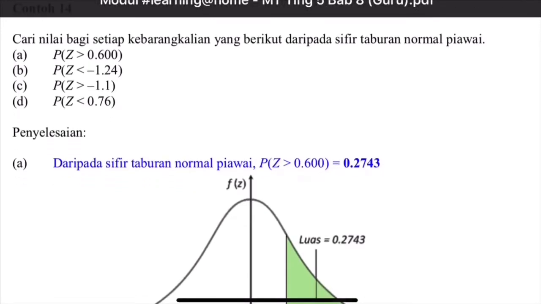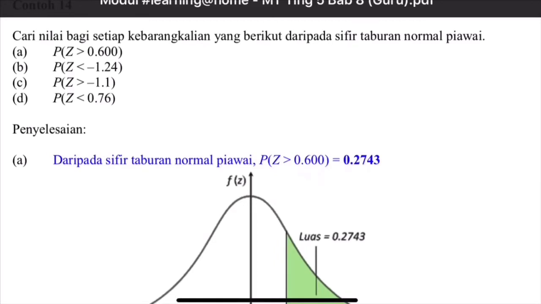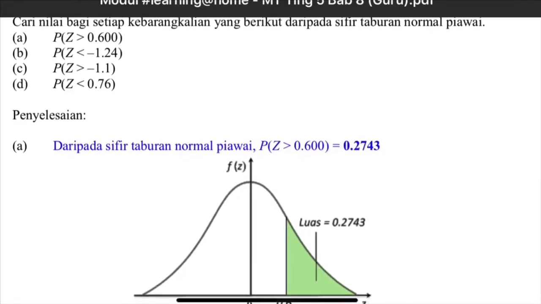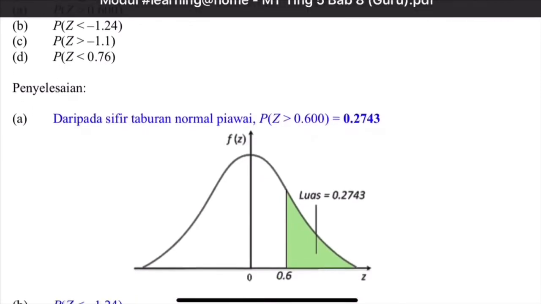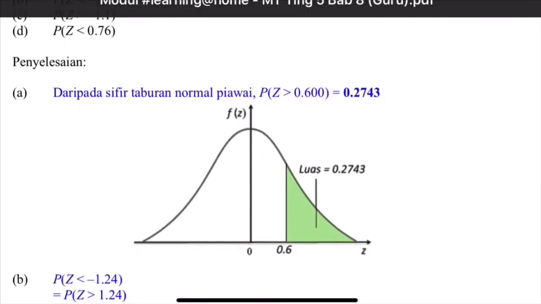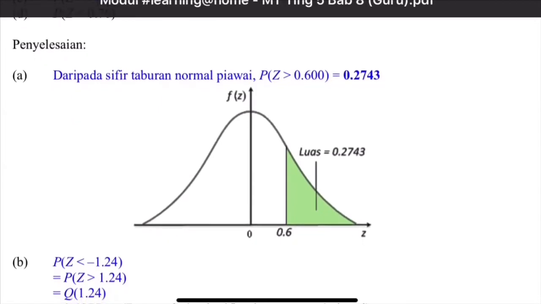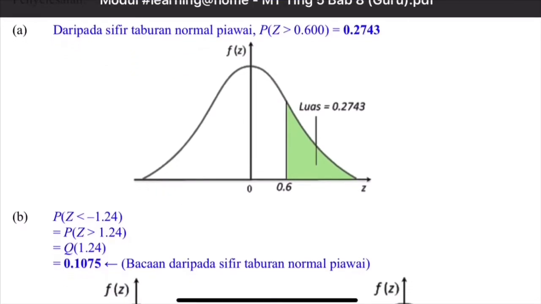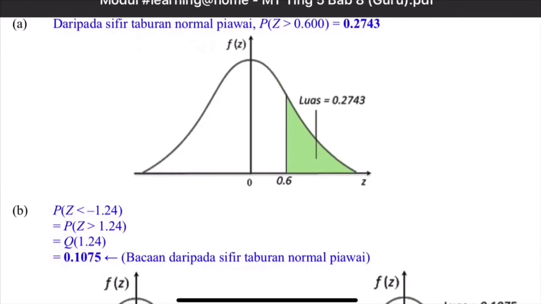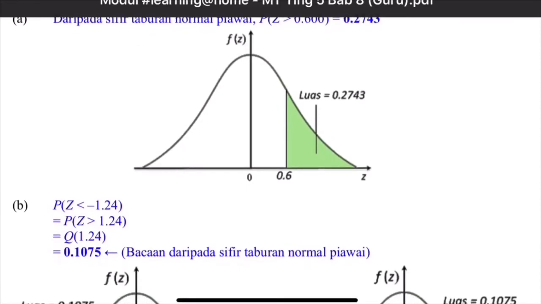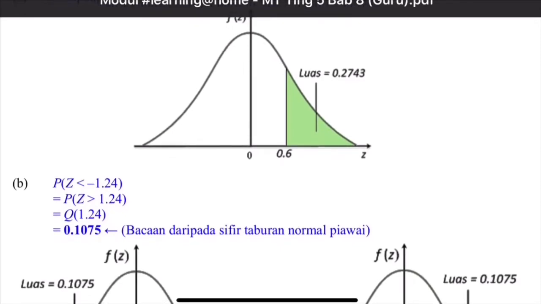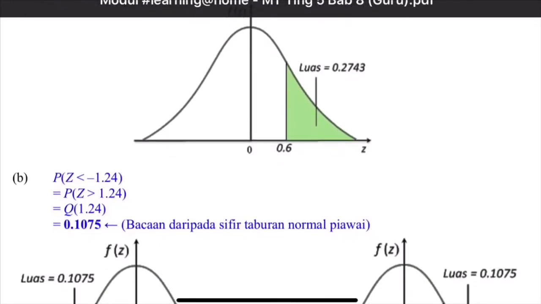So from the table, you just read the 0.6, you'll get 0.2743. For more than, you can always read directly because our table is always more than, also to the right, shade to the right. So the answer is 0.2743.